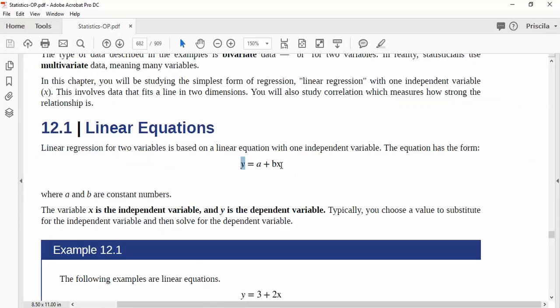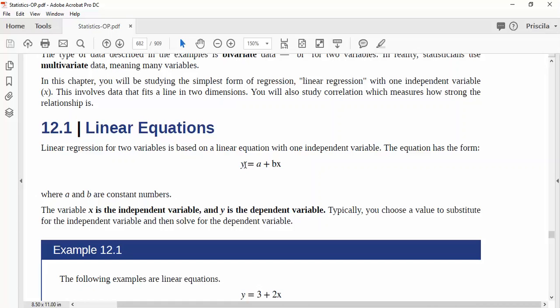That means every change in x, your independent variable, will change y, because y is your dependent variable. Again, this will also be clear when we start working on the problems.